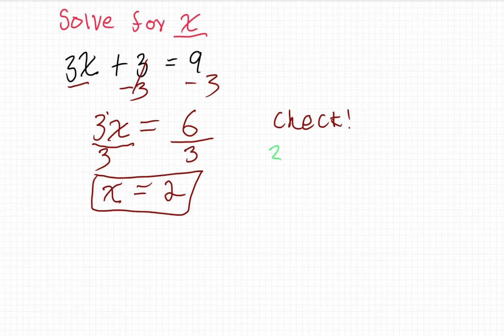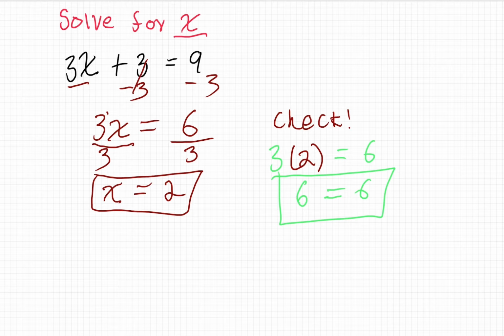So we're gonna have 3 times, and in this case, parentheses means multiplication, times 2, equals 6, right? 3 times 2 is 6. You bring down the other 6. So our solution is true. 6 is equal to 6.